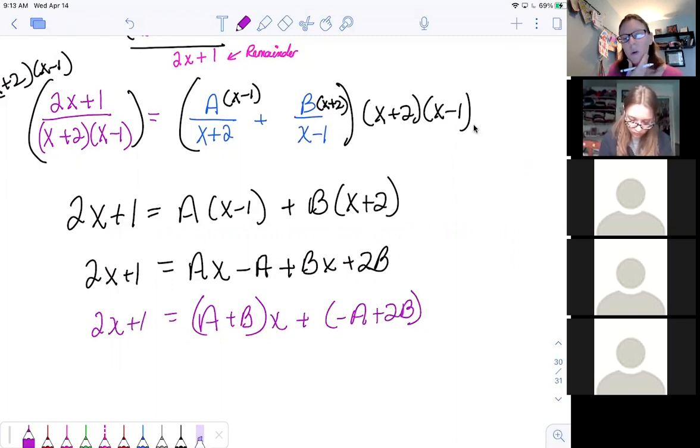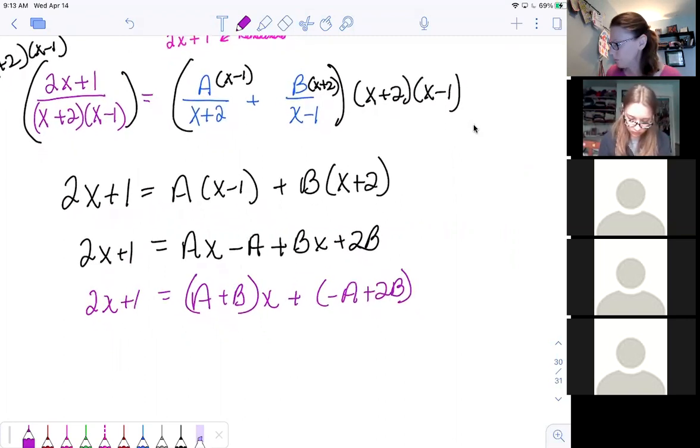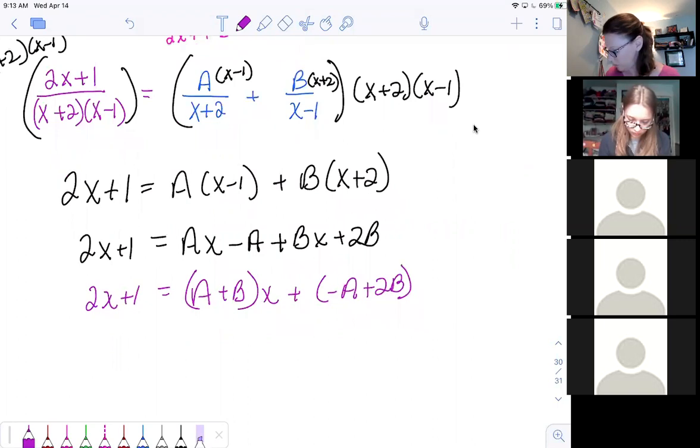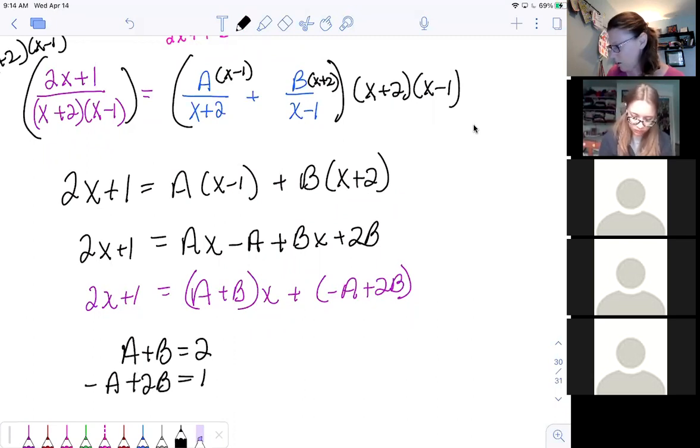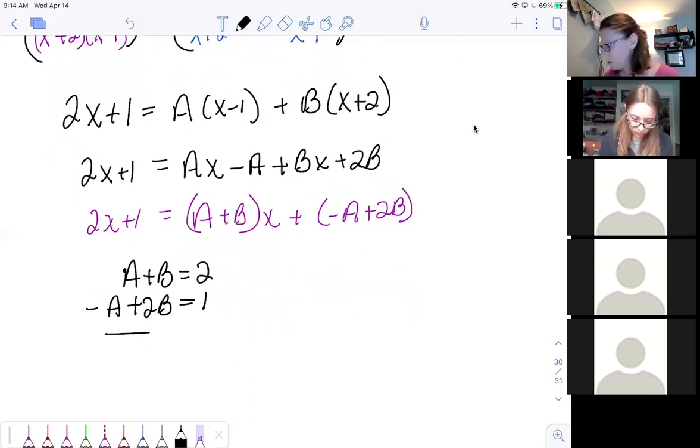So Hannah, what are our two equations that we're going to be solving? A plus b equals 2, and then negative a plus 2b equals 1. Good. So Hannah, if you solve those two, what do you get for b?